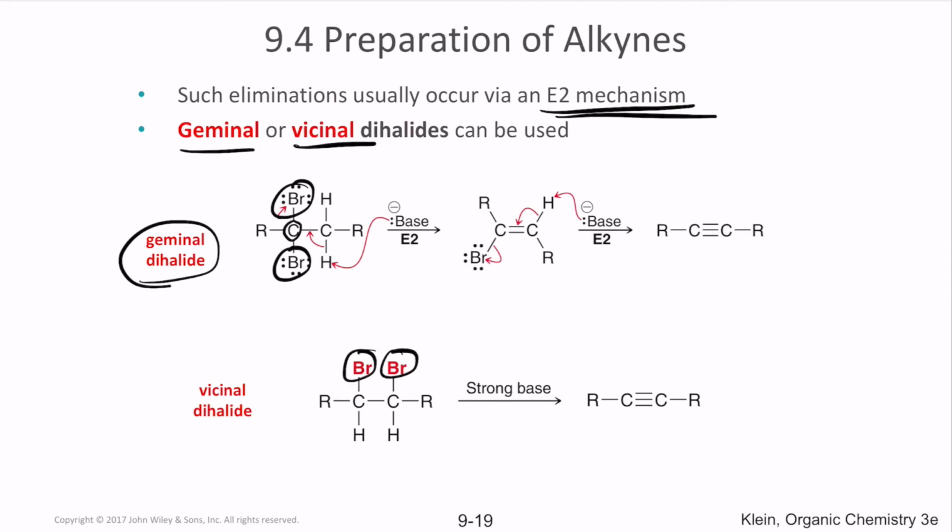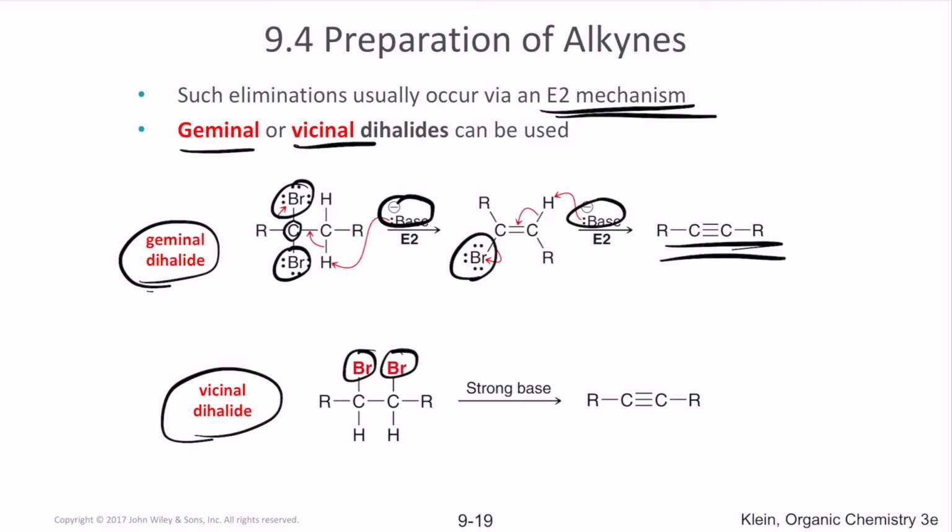In a geminal dihalide, the base removes the alpha proton, thereby releasing the bromine, and then it undergoes a second elimination to remove the other halogen, resulting in the formation of the alkyne. So this is a two-step process for a geminal dihalide, but a vicinal dihalide undergoes the reaction at once, in a concerted mechanism.